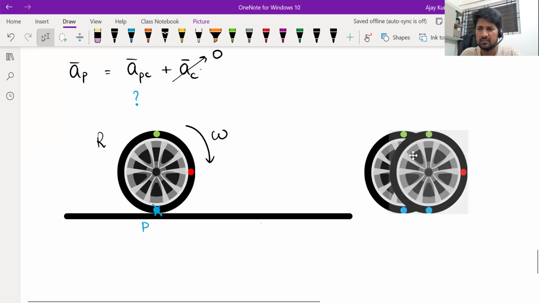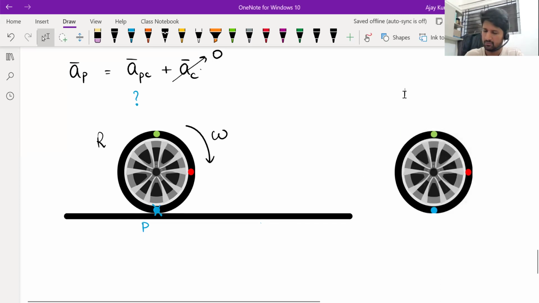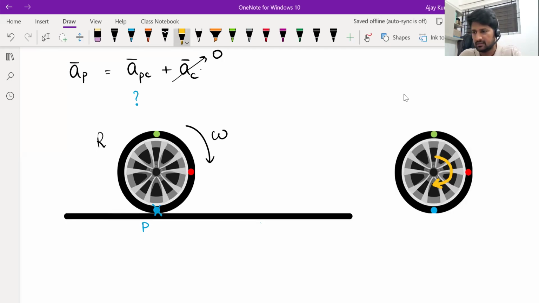You just have to imagine the wheel rotating. Translation doesn't have to be considered. Sir, if the wheel is rotating, is it v squared by r? Correct, correct. The wheel is rotating means every point will be executing circular motion about an axis passing through the center of mass.